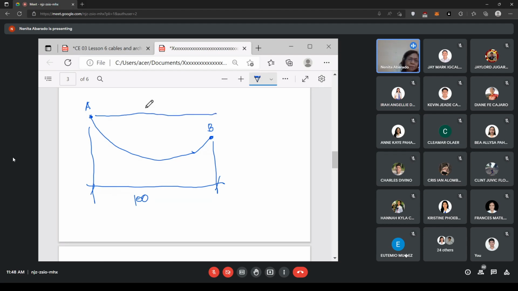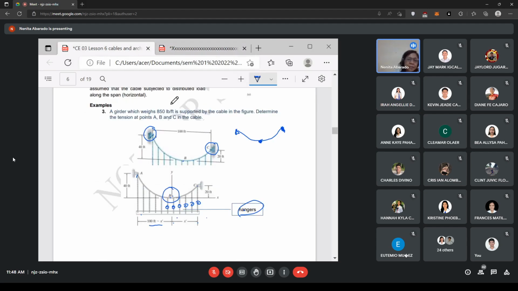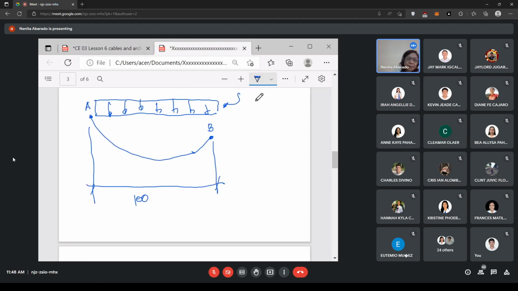And then, what is our uniformly distributed load? We have the uniformly distributed load to be carried. Here, what it carries is 850 pound per foot. 850 pound per foot. Okay, class.